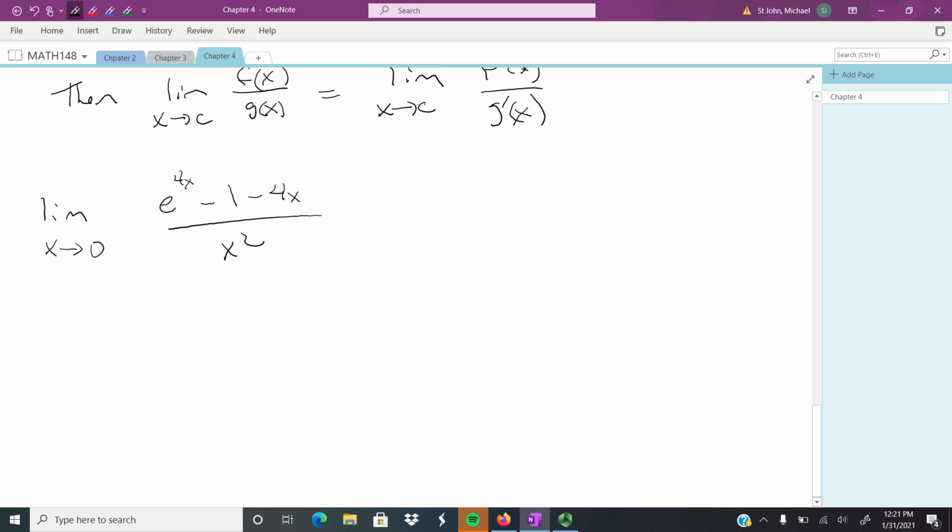Well, the first thing we want to see is, does the rule apply? So we need to look at just the top and just the bottom. So let's do that. I want to know, what's the limit as x goes to 0 of e to the 4x minus 1 minus 4x?